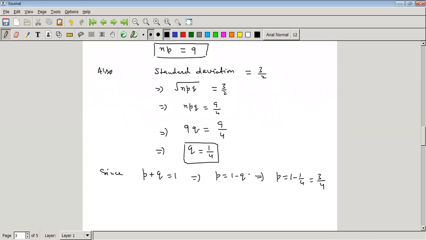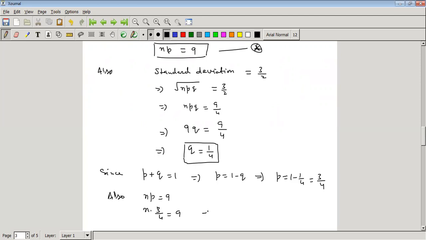Now we have to find N. Since we know from this equation, NP equal to 9, N into P equal to 9. So N into P, that is 3 by 4, equal to 9.